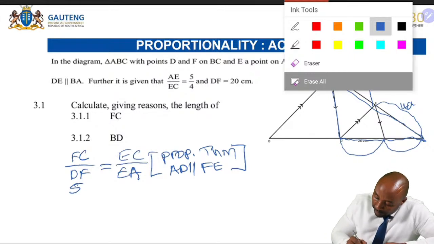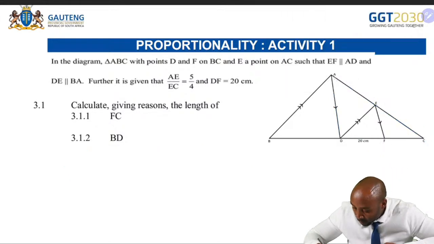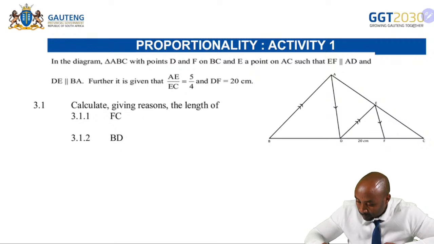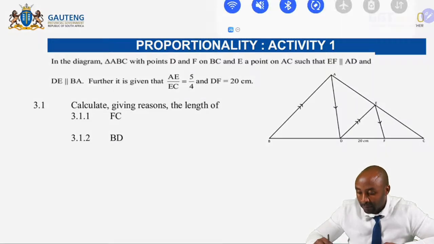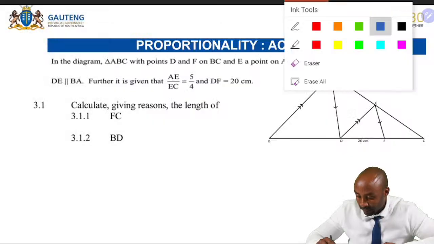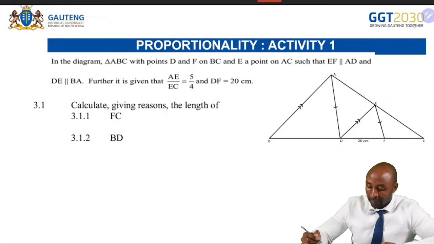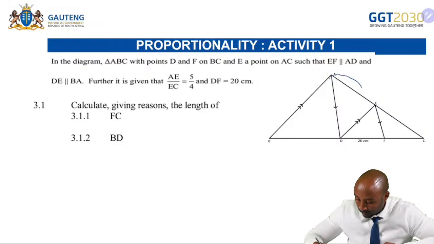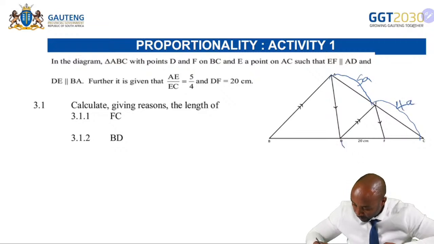So I'll start afresh. Quickly, 5A, 4A, right.